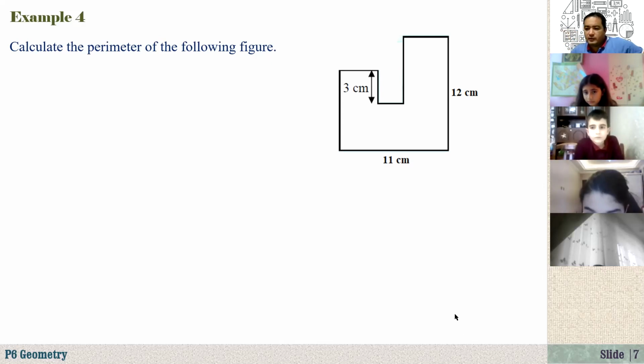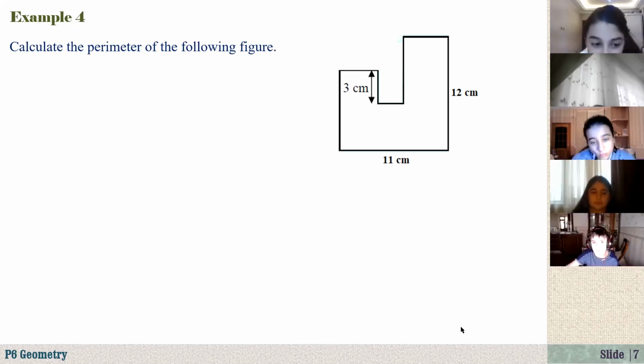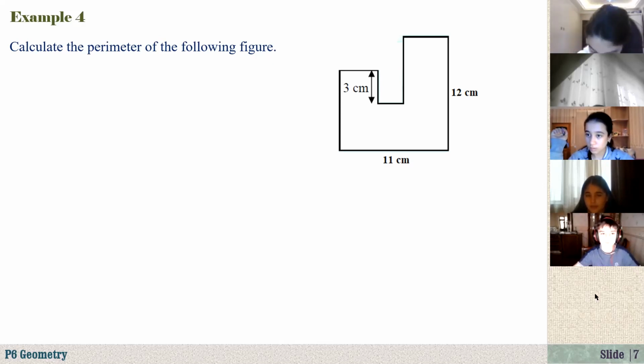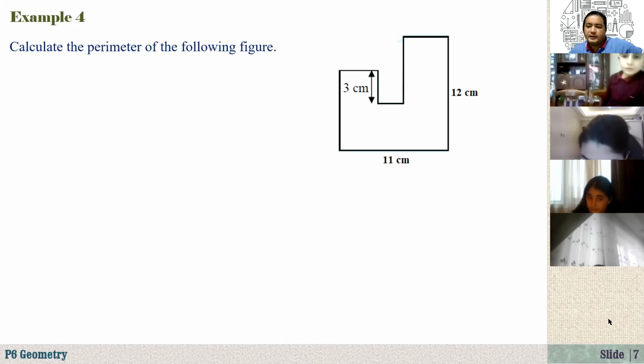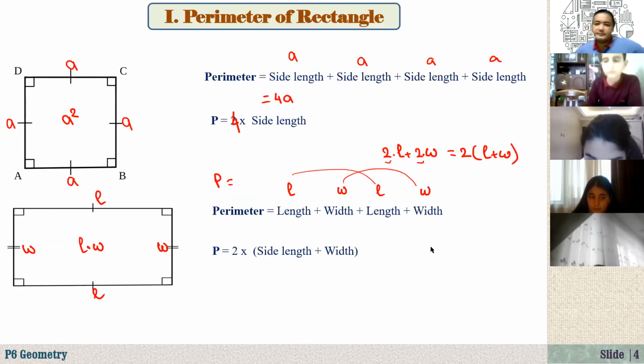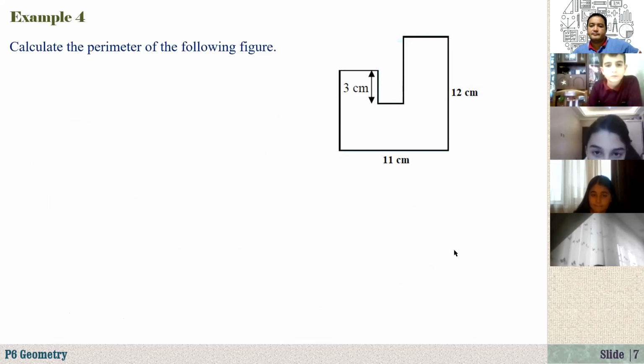Nigar, Elmira, Leila. Do we have anybody else here? Mariam, Sarah. Rauf, you are also here. I thought that is 52. If you got 52, very good.